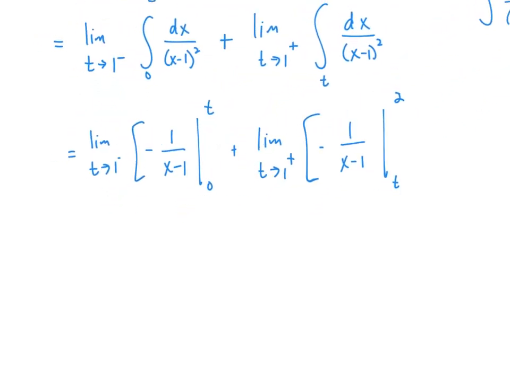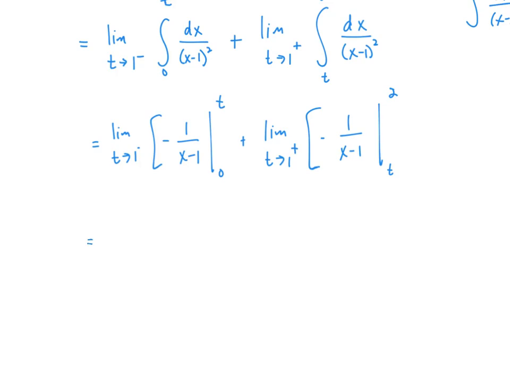Okay, now we'll evaluate each of these integrals by plugging in the limits. If you plug in t, you get negative 1 over t minus 1. If you plug in 0, you get 1, so that's just plus 1.